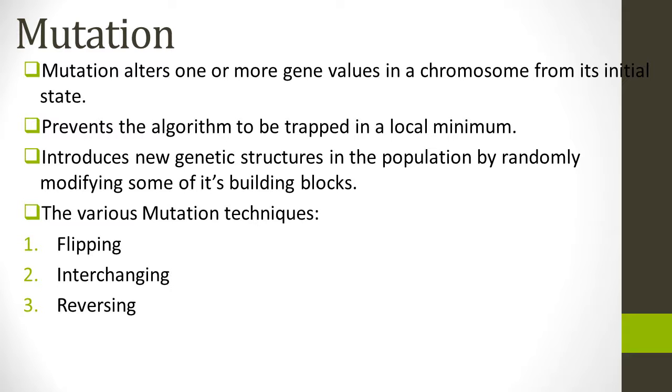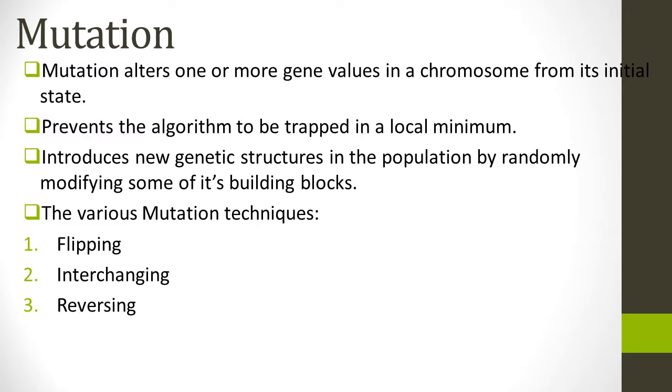Mutation helps to regain the lost alleles, that means lost values, and thus introduces genetic diversity into the population so as to prevent premature convergence from happening. For example, in bit string representation, mutation is done by flipping zeros to ones and vice versa.